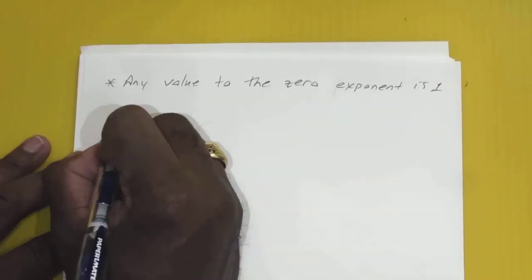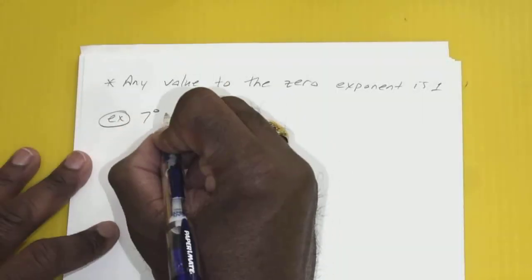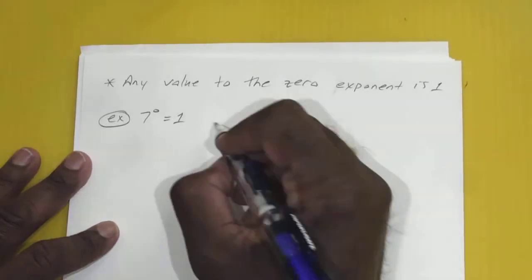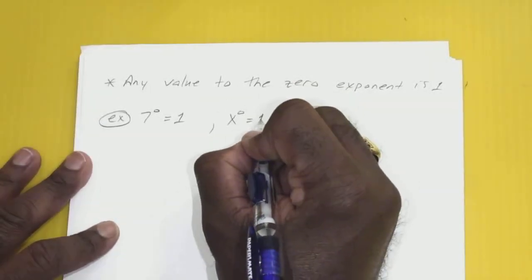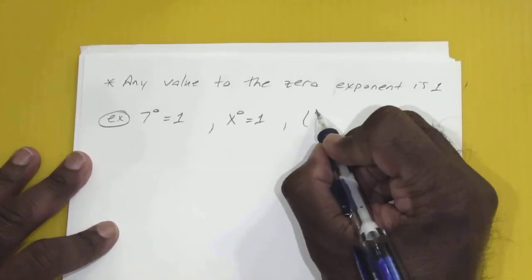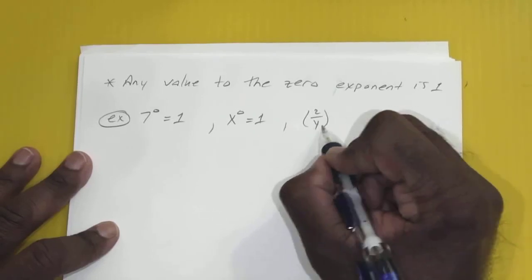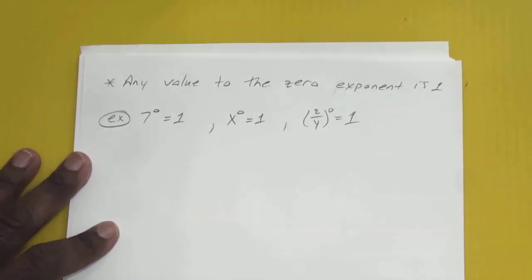So for example, if you have 7 to the power of 0, that's going to equal 1. If you have x to the power of 0, that's going to equal 1. Even if you have 2 over y to the power of 0, that's going to equal 1.